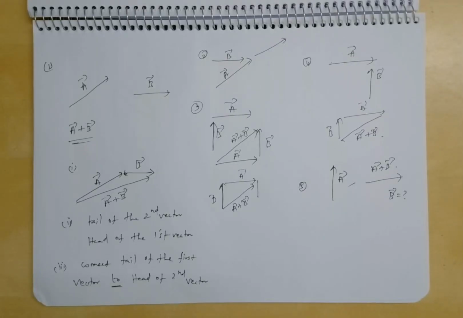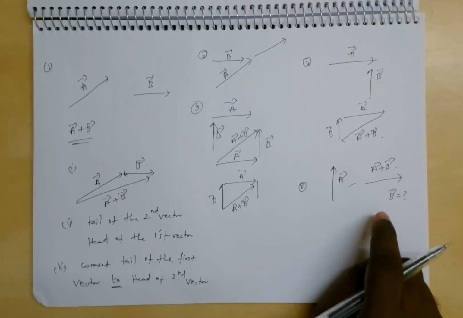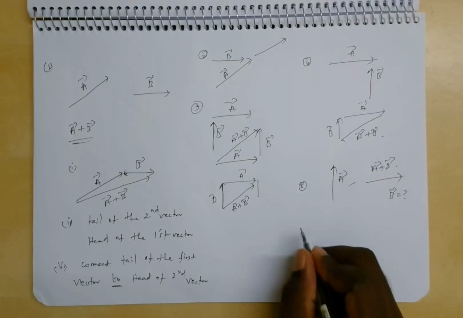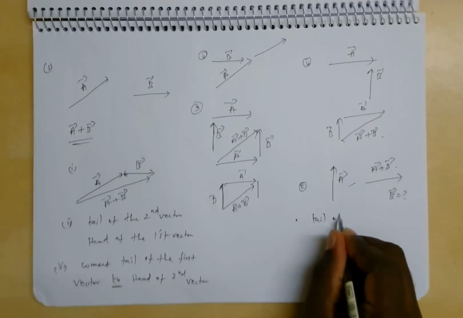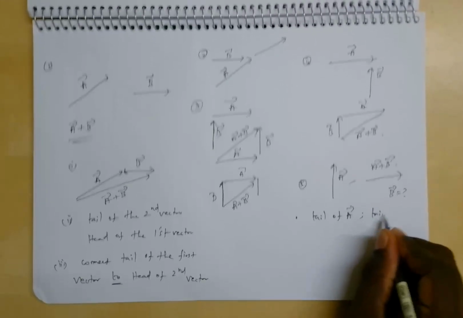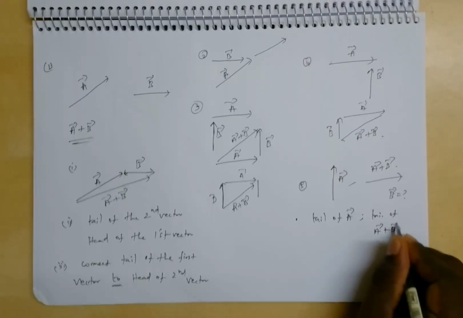You understand the question, sir? So the first point is the tail of A vector and the tail of A vector plus B vector should meet.